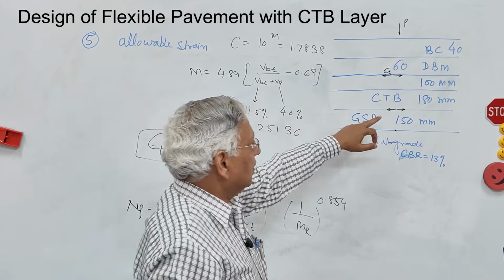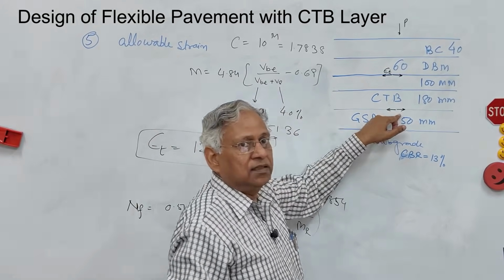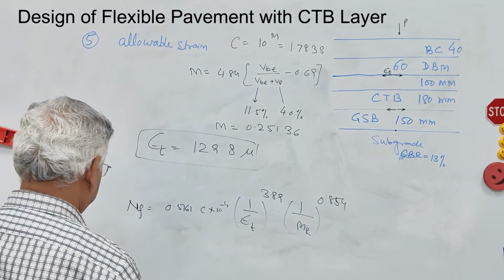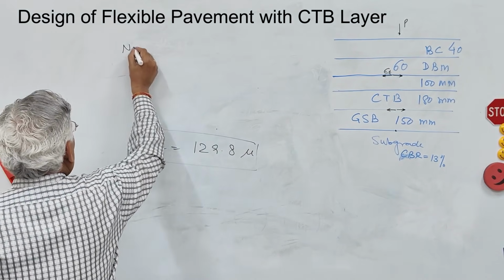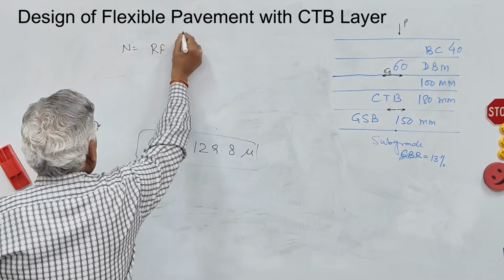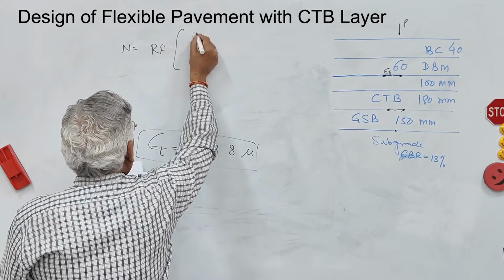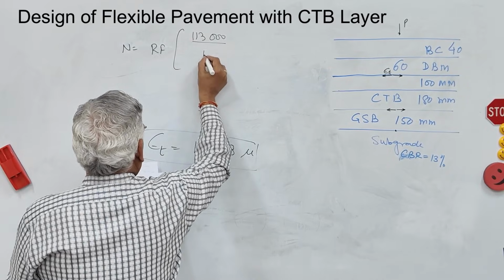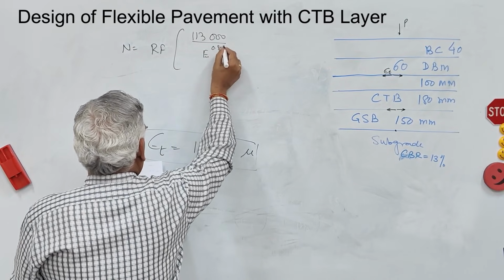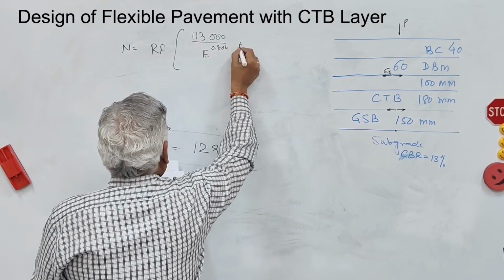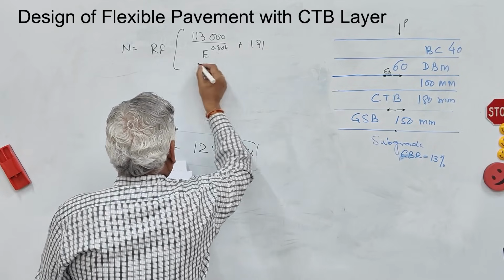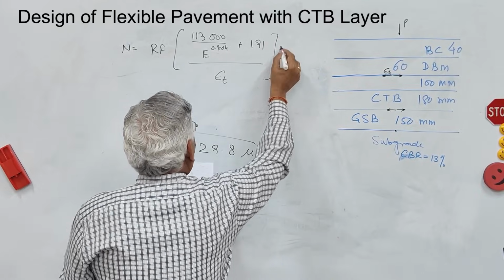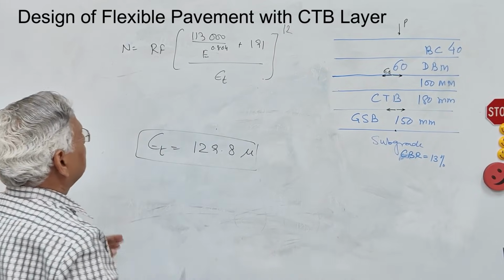The second one. To determine the allowable strain at the bottom of the CTB layer, there is another equation given as 37, and that equation is N is equal to some reliability factor into 113,000 upon E power 0.804 plus 191 upon epsilon T to the power 12. This is the equation.